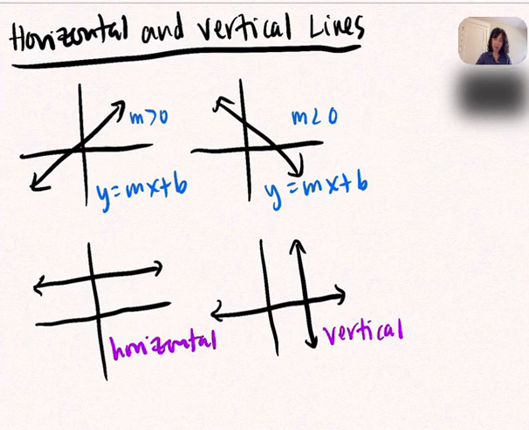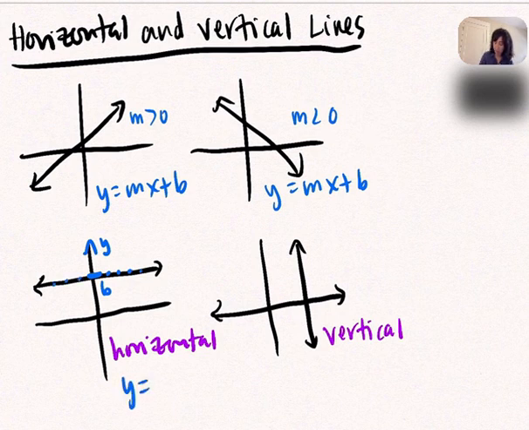So if the line is horizontal and goes through some number like b, that means the y value for every single point on this line is always equal to b. So we describe this line by writing y equals b.